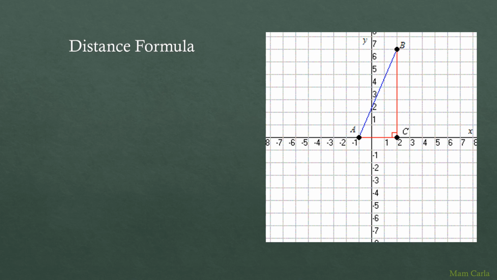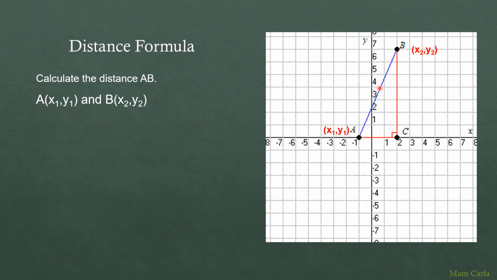Let us derive the distance formula. Let us calculate the distance between A and B. To do that, we assign coordinates for A and B. For A, we have x sub 1, y sub 1, while for B, we have x sub 2, y sub 2. Using the Pythagorean theorem, we know that this side is the longest side, or the hypotenuse.